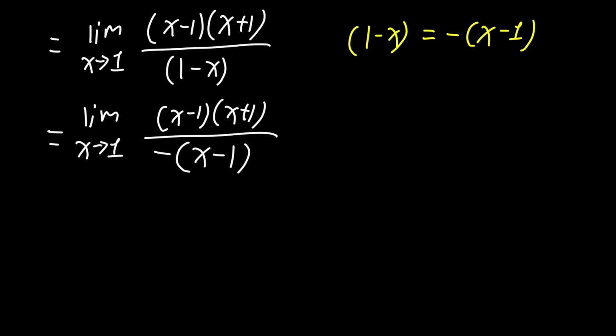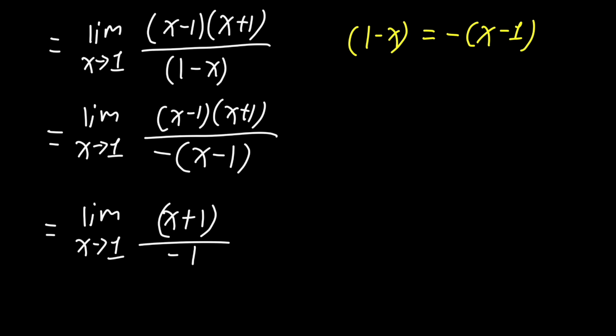So this time we can cancel these two. We're going to get limit as x approaches 1 of x plus 1 over negative 1.